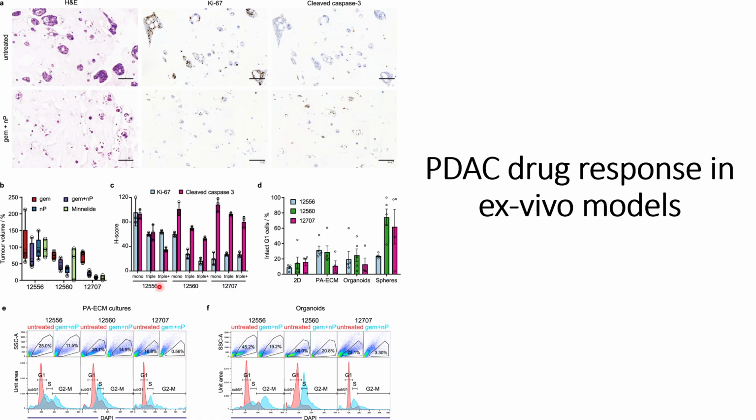Whereas for the least resistance, they see a decrease in apoptotic signals and an increase in proliferative signals. And this triple represents the triple culture, that is, the PA-ECM also contains pancreatic stem cells and macrophages, which will also contribute towards the chemo resistance.